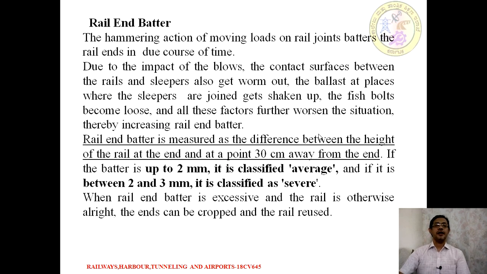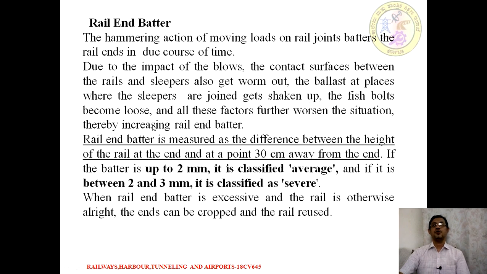Rail end batter, as I explained, is caused by the hammering action of a moving wheel on the rail joint, and in due course of time we can expect wear. This is due to the impact blow and also the contact surface between the rail section and the sleeper, where it gets worn out, where the ballast at the places of sleepers or joints gets loosened or shaken up.